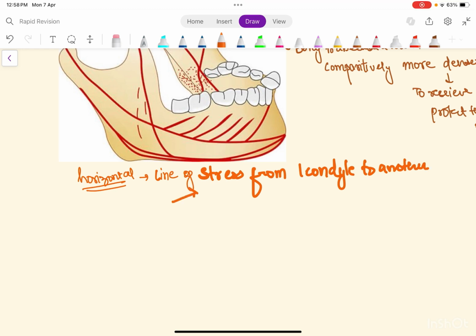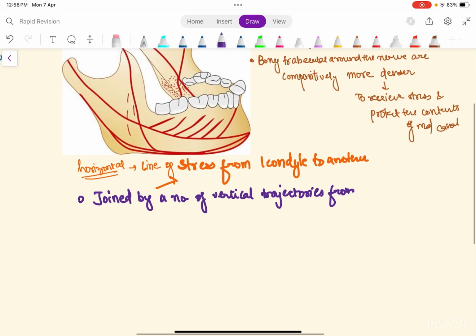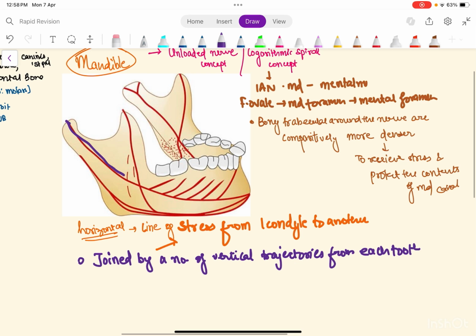Then this is joined by a number of vertical trajectories from each tooth. This is our main thing, from one condyle to another condyle. Then certain trajectories are joining it. These are the vertical trajectories from the teeth that are joining it.